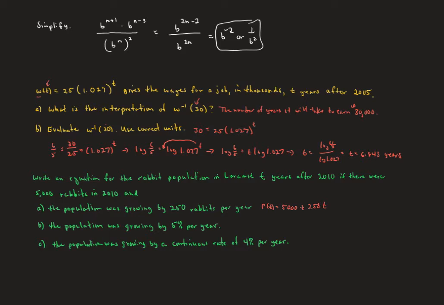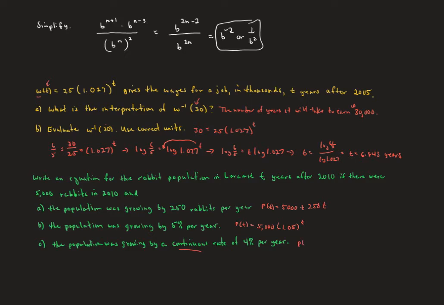And part B, it's increasing by 5% per year. So increasing at a constant percent is going to make it exponential. So we'll have 5,000 times 1 plus r, which is 1.05, to the t. And part C is saying the population is growing at a continuous rate.